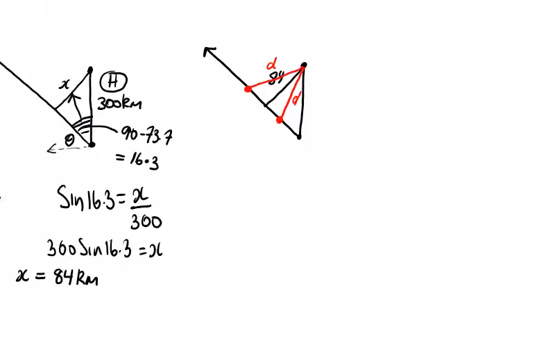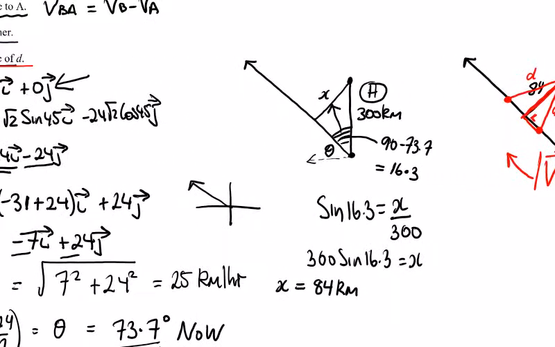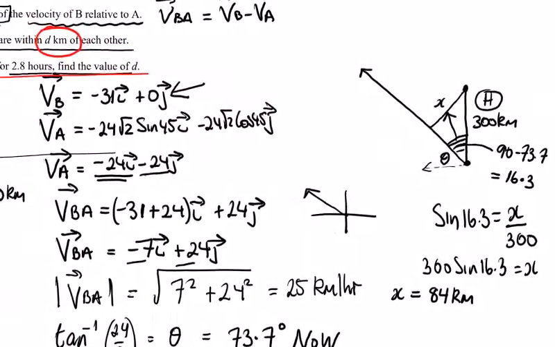So we have our 84. What do we not have? We don't have anything else within that triangle other than a right angle, and this red line I'm creating here is our 84. So what else have we got? Well, we have B relative to A. The magnitude of the velocity of B relative to A was the square root of 7 squared plus 24 squared, which was 25 kilometers an hour.